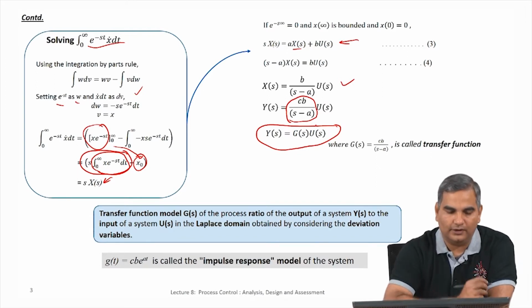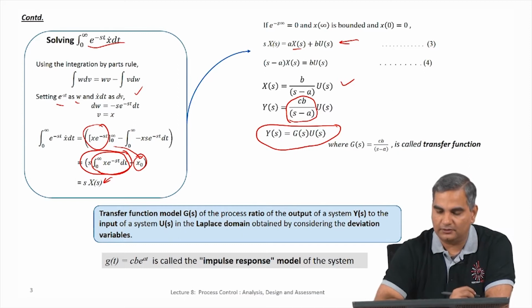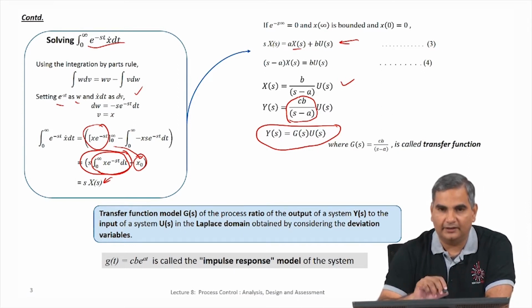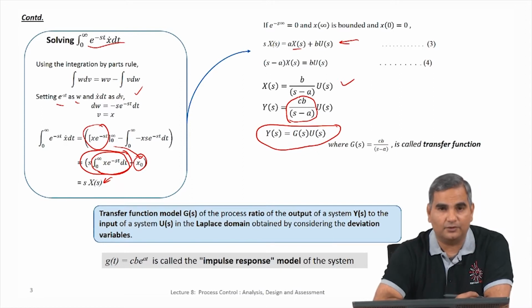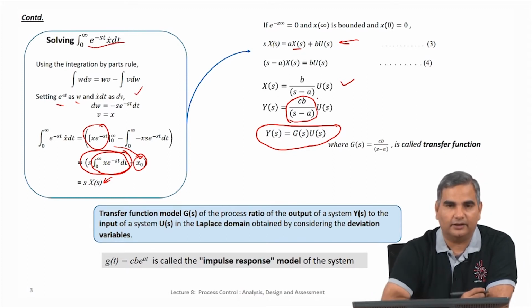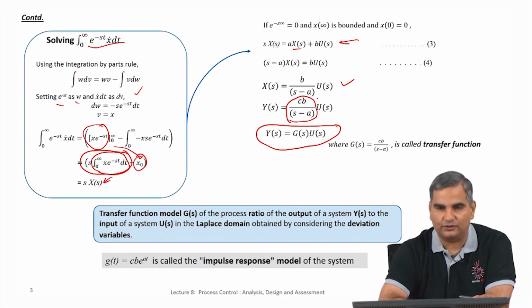I hope you see the route through which we have come here, and there is no magic to this. This comes out of your standard state space equation, and the standard state space equation comes out of the physics of the problem. So, I already told you that this B and A for the tank example actually can be calculated in terms of physical variables and parameters in the system. For example, the area of the tank, the resistance valve, and so on.